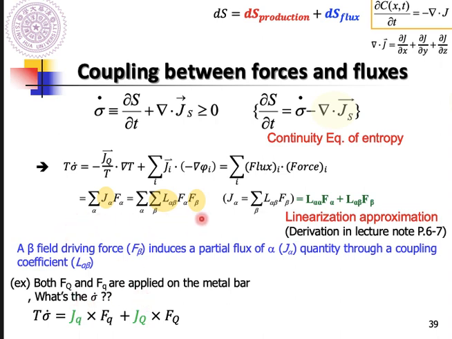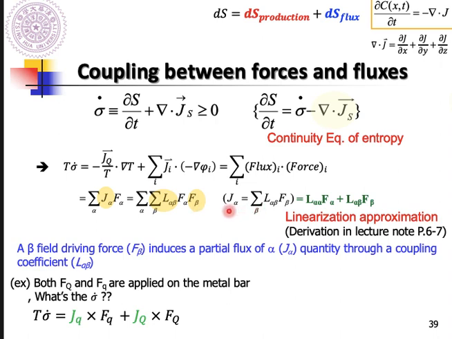So let's do some further description of the derivations related to the heat flux, or the flux part. The flux J alpha actually equals what? Equal to the summation over beta of L alpha beta, F beta.